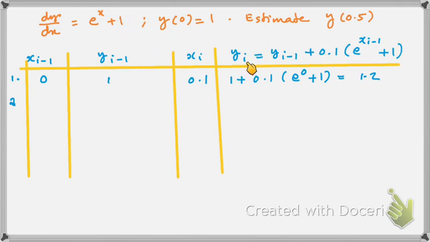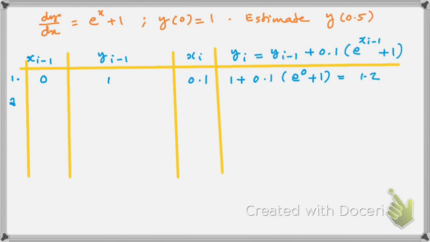That's why we have this formula: y i is equal to y i minus 1, the initial y value, which is 1, plus h, which is 0.1, into f of x i minus 1, which is e raised to 0 plus 1.